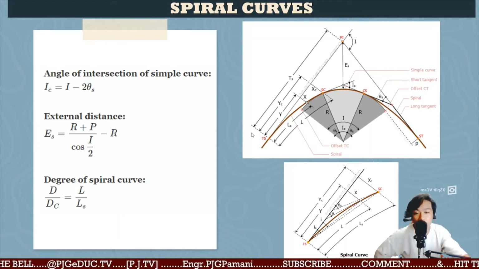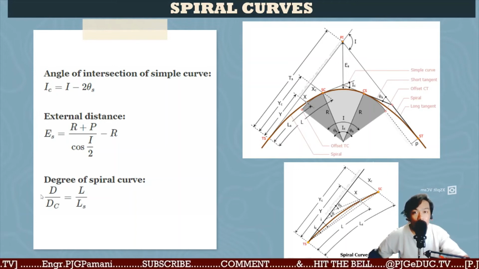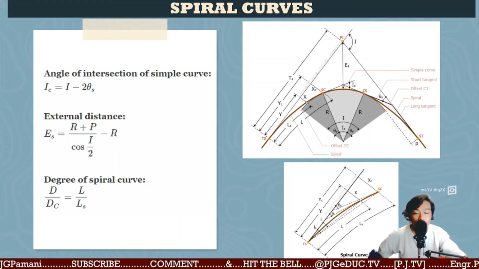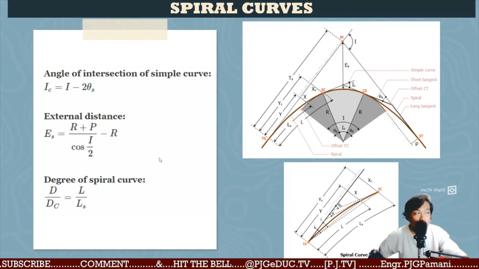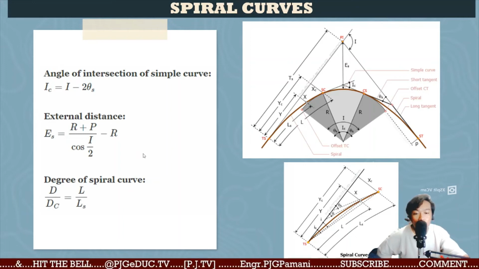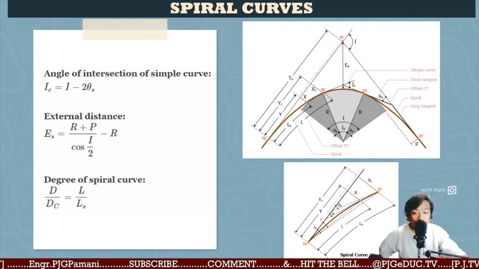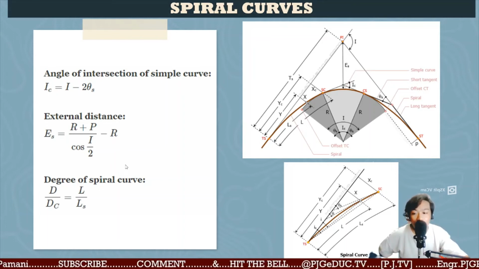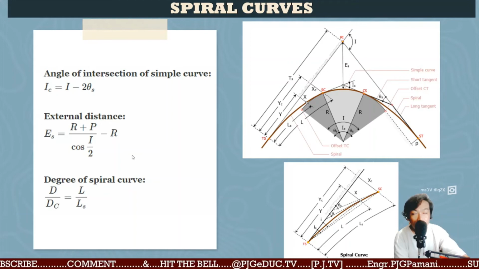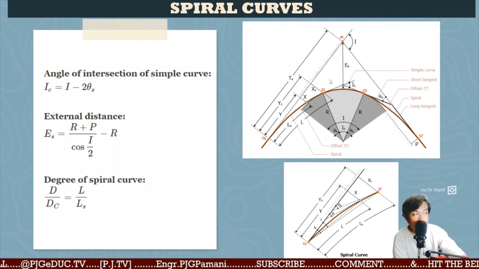Second quarter is 1/2 of L sub S. Third quarter is of course 3/4 of L sub S. Then if you're now asked the length of the fourth quarter of the spiral curve, that is basically the total length of the spiral curve. Triangle lang lahat yan, no? Napaka-easy.